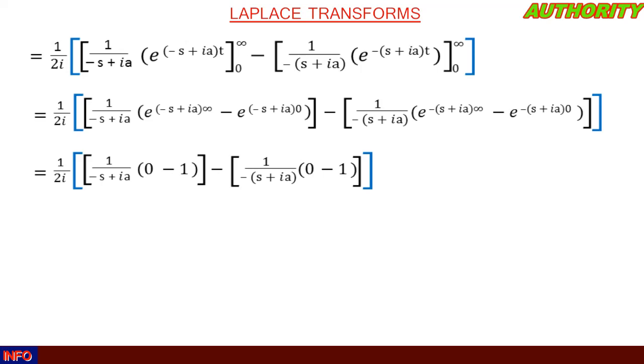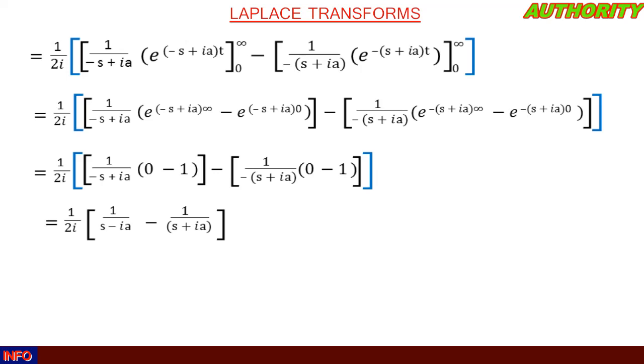All right, good. So 0 minus 1 is the same as minus 1, so minus 1 multiplied by the content inside the bracket, which is 1 over minus (s plus ia).